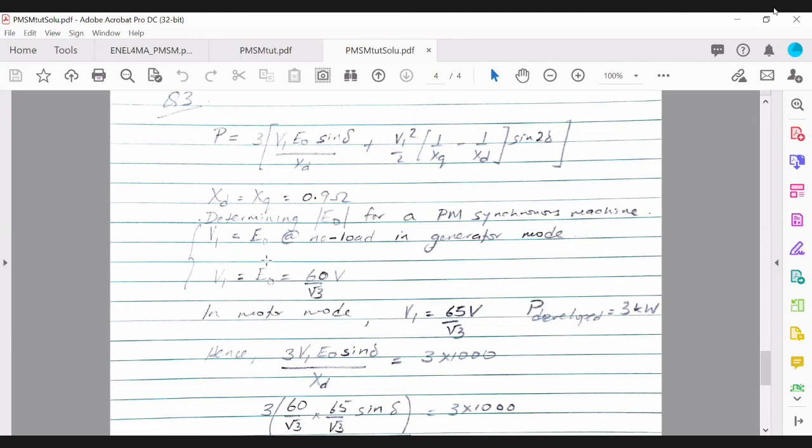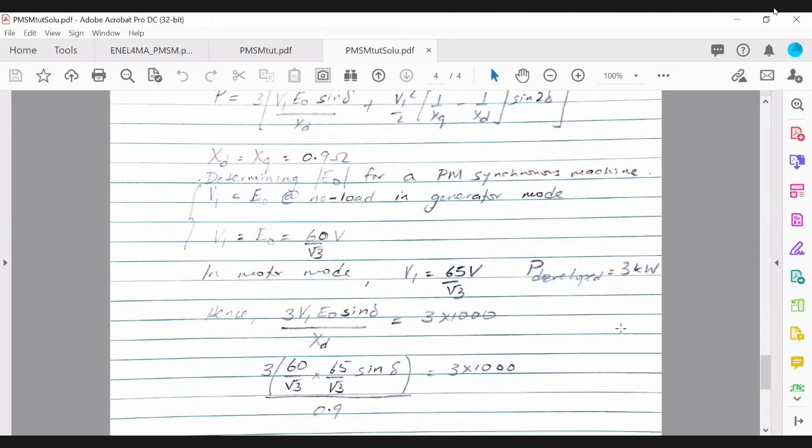So now also they've given us the information about the terminal voltage at no load, and so we know that eventually E naught is equal to 60 over root 3 volts, so that's the value per phase. And the terminal voltage now, 65 volt, is applied at the terminal line to line, so the terminal voltage per phase is 65 over root 3, and they've given us the power developed, right? So substituting those values here, we can basically solve for the angle delta, okay?